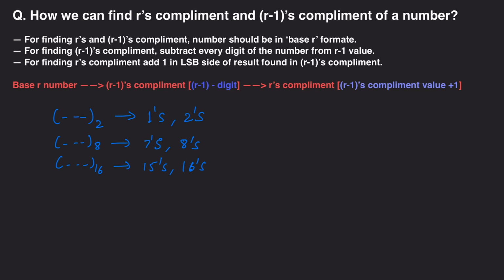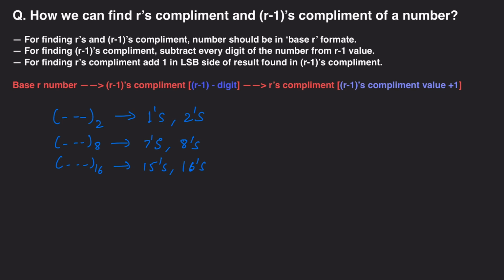So for finding r minus 1's complement, subtract every digit of the number from the r minus 1 value. Whatever the base, subtract 1, and from that value subtract every digit.